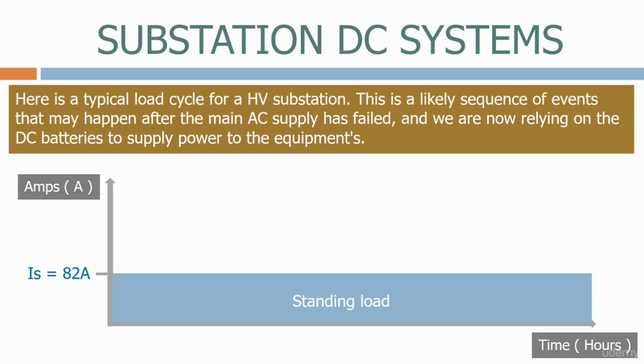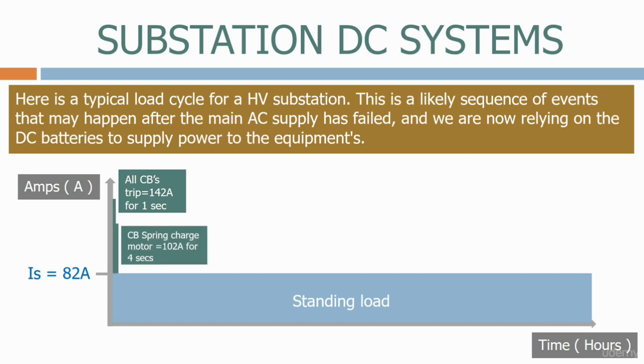Next, we add the dynamic loads. In the first case, we've calculated the load for all the circuit breakers tripping on the system, and assumed a load current of 142 amps for 1 second. Following the circuit breakers tripping, we've assumed that all their spring charge motors recharge, with a value of 102 amps for 4 seconds.